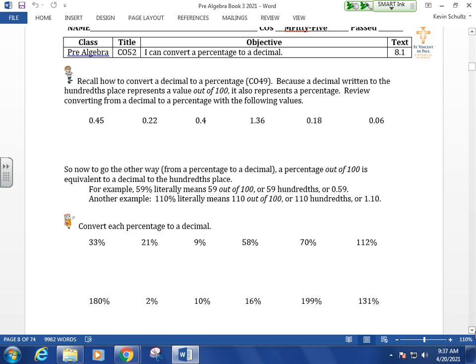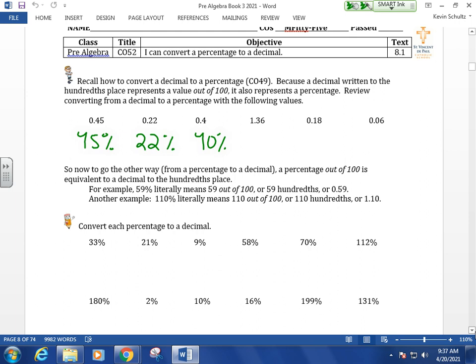When we had 0.45 in CO49, what is 0.45 as a percentage? 45%. What is 0.22 as a percentage? Anybody? 22%. We just had this one in our review. What is 0.4 as a percentage? 40%. What is 1.36 as a percentage?